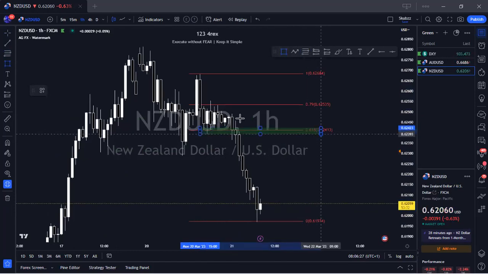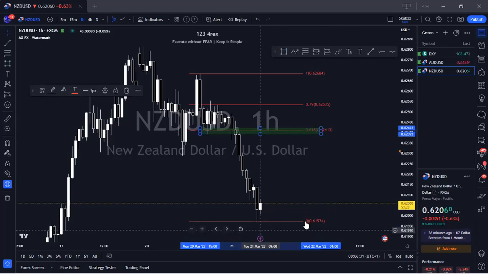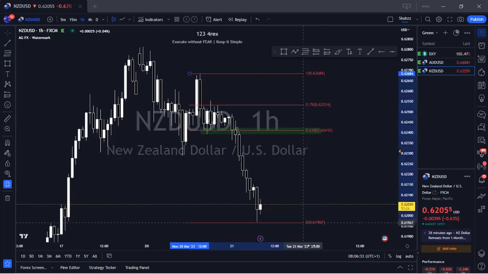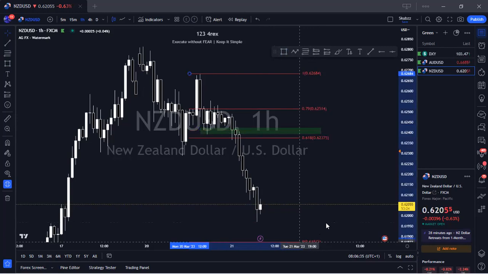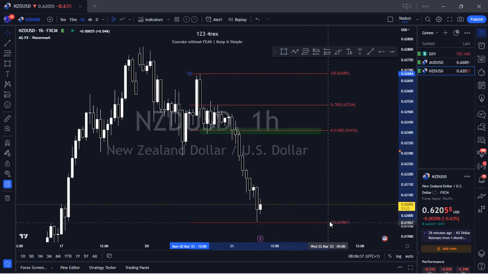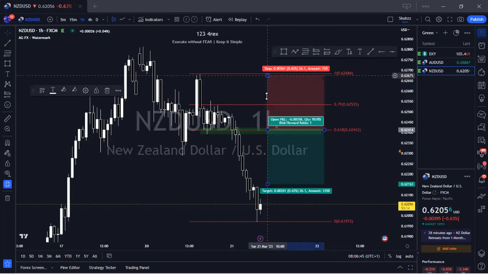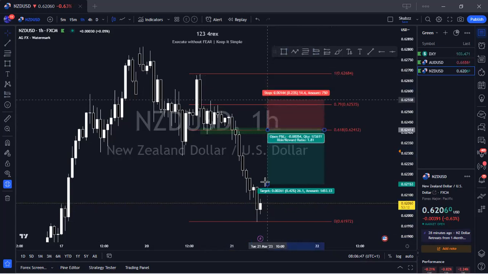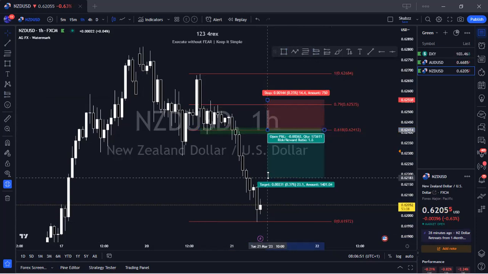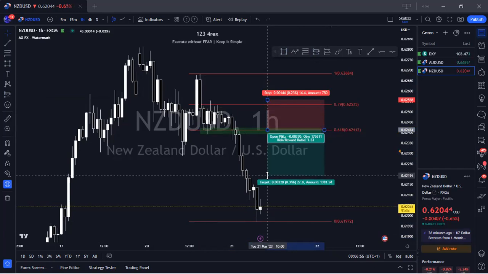If price starts retracing here, I'll set pending orders, a sell limit at this 0.618, but I'll not be looking to stay inside the market for long, honestly. I'll just look for a 1.5 RR trade because that's all I need right now.